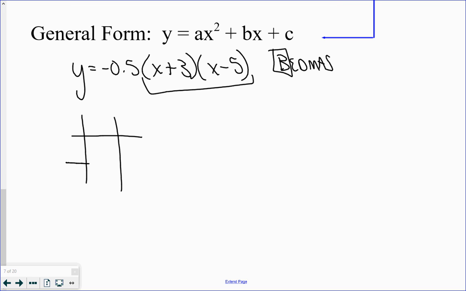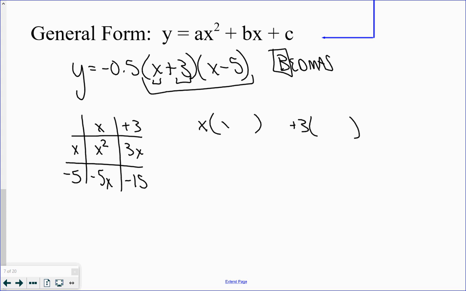You can either go x plus 3, x minus 5, or you can do it by FOIL. So x times x, negative 5 times x, 3 times x, negative 5 times 3. Or some of you do like distribution. So you separate up the first bracket, and then you write the second bracket after it, and you multiply that through.